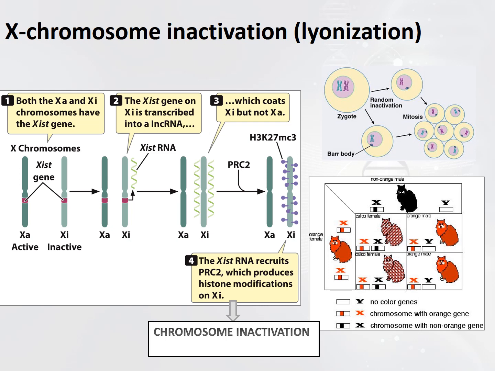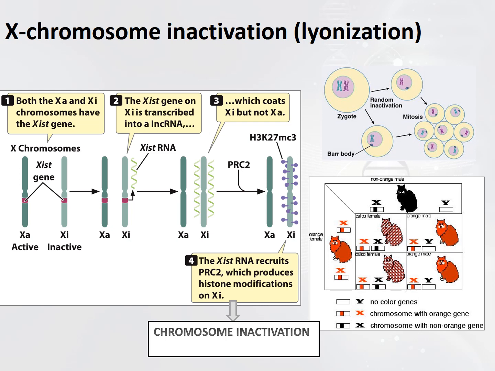It is no surprise that it will coat the chromosome that expresses it, because long non-coding RNAs are very unstable and they get easily degraded without having the chance to travel further distances.